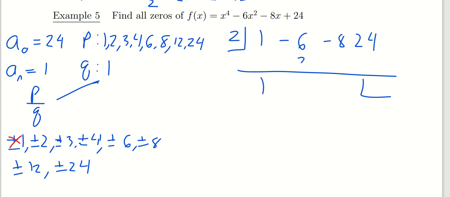1 comes down, bottom times block, add to go down, bottom times block. We get negative 8, add to go down, we get negative 16, and then multiply bottom times block, we get negative 32, add to go down, we get negative 8.